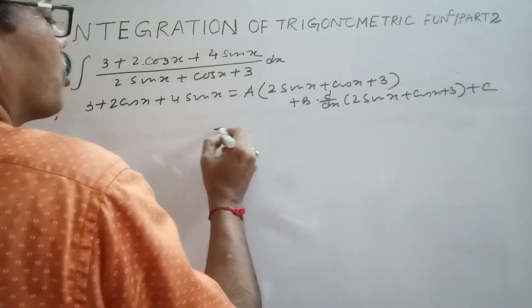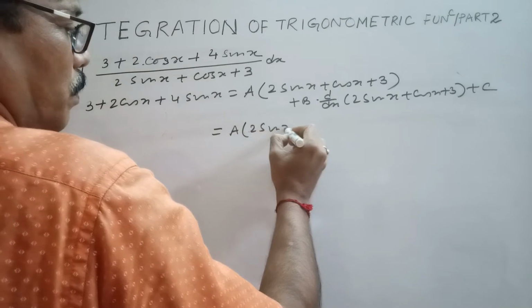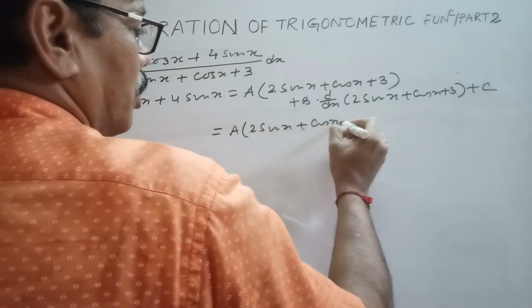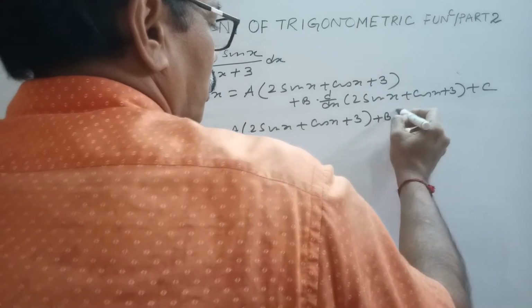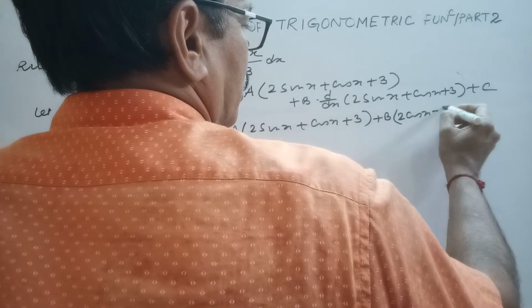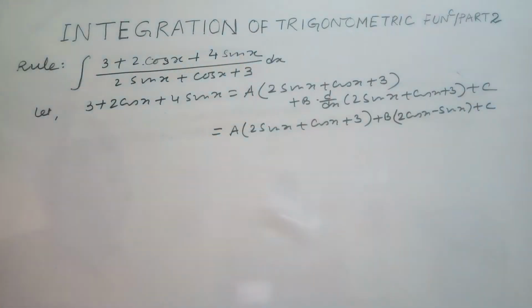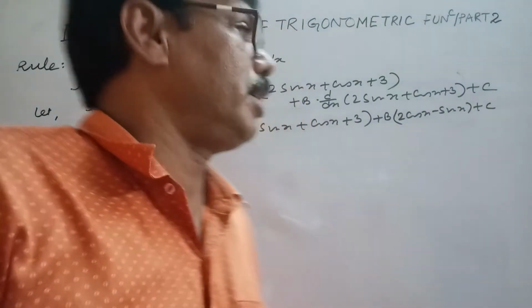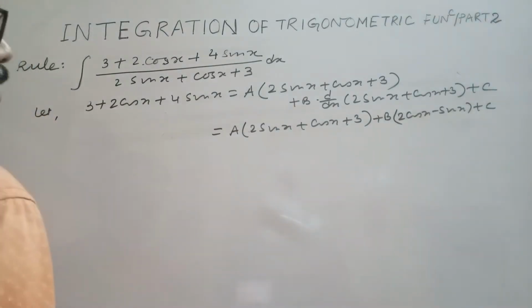So, this equals A into (2 sin x plus cos x plus 3) plus B into (2 cos x minus sin x) plus C. Now, we have to find A, B, C by comparing coefficients of sin x, cos x and the constant term.